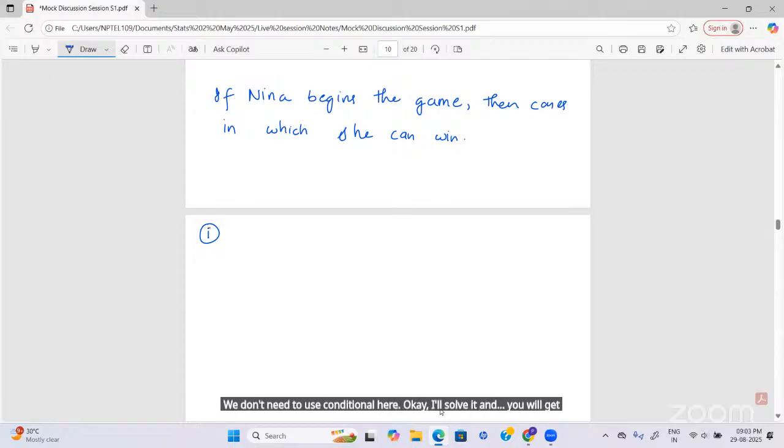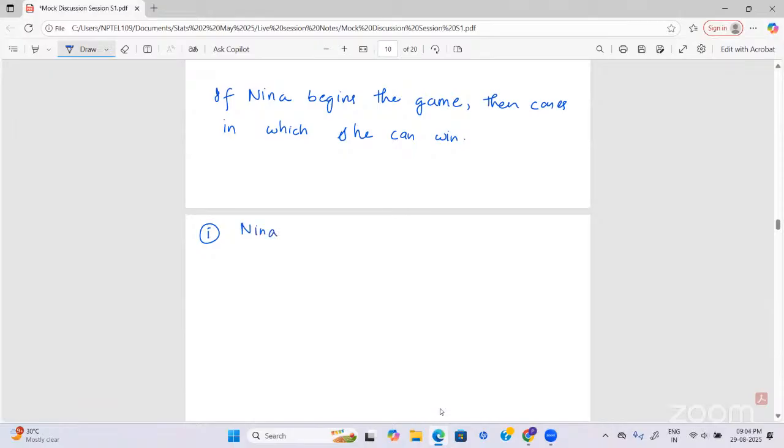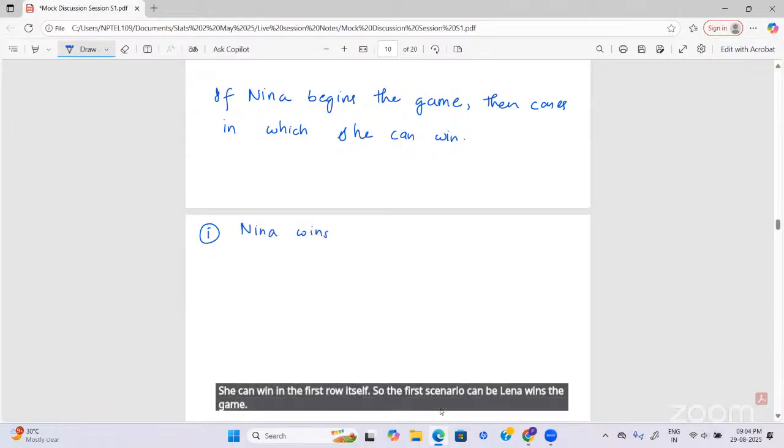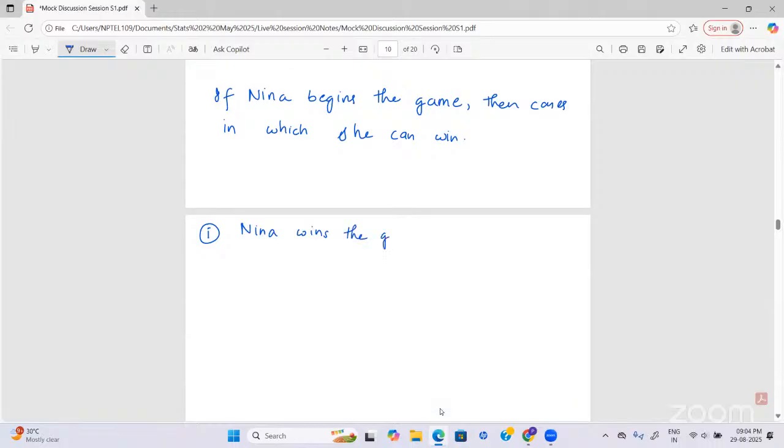So what can be the first case? She is beginning the game, right? So maybe she can win in the first throw itself. The first scenario can be Nina wins the game in the first throw.